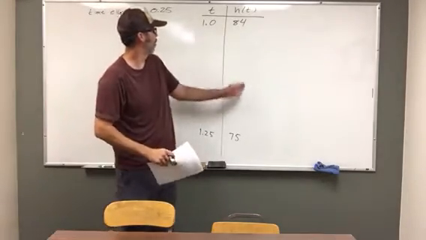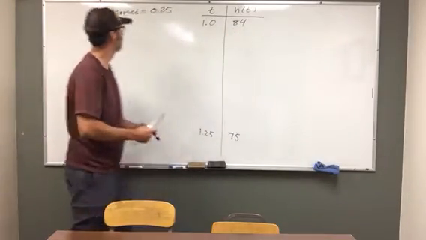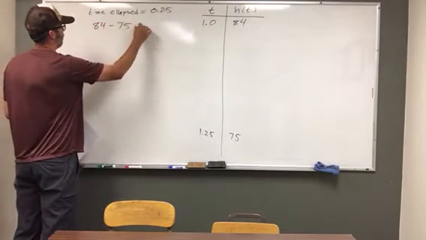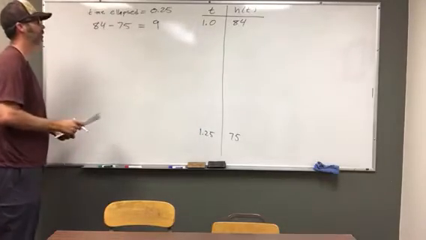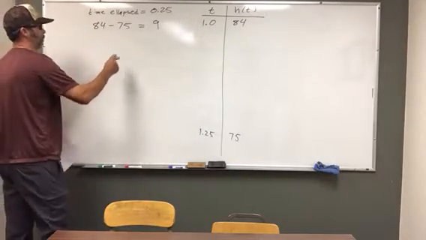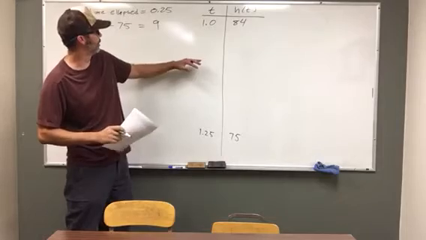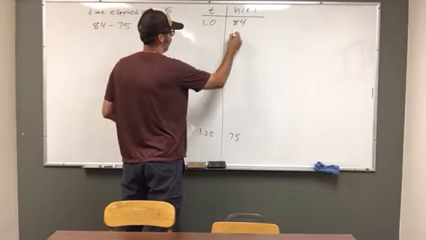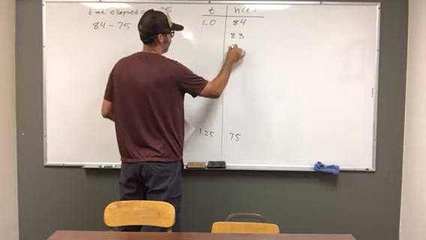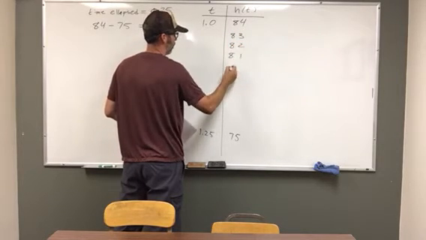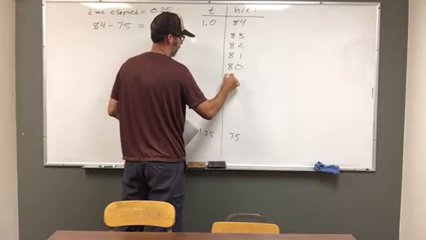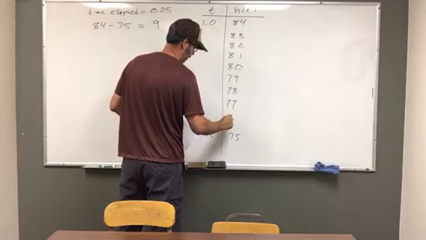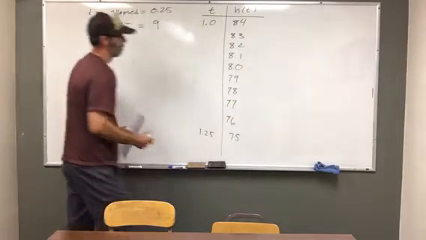The amount of whole numbers between 84 and 75 is 9. 84 minus 75 is 9. So basically what I'm going to do is count down the whole numbers here. Let's say 83, 82, 81, 80, 79, 78, 77, 76, 75.